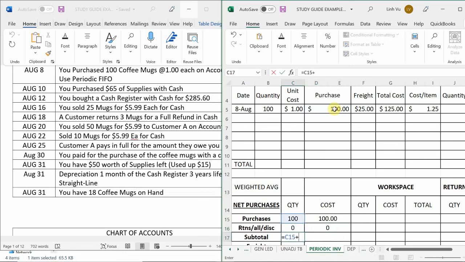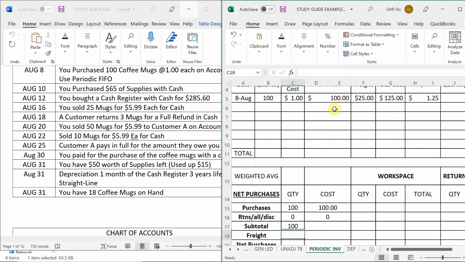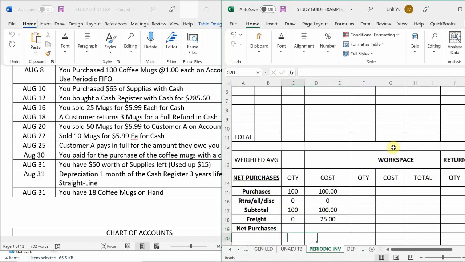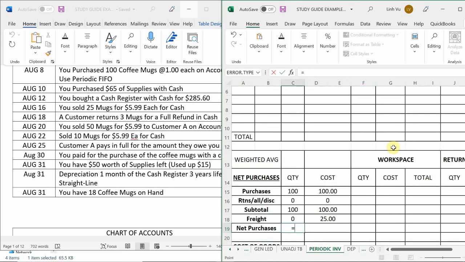So that means we should have a total of 100 mugs at $100. Okay. Freight adds 0 to quantity, but it adds to the cost. So therefore, your total net purchases should be 100 mugs at $125.